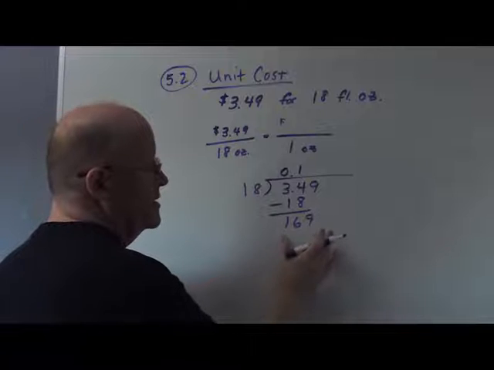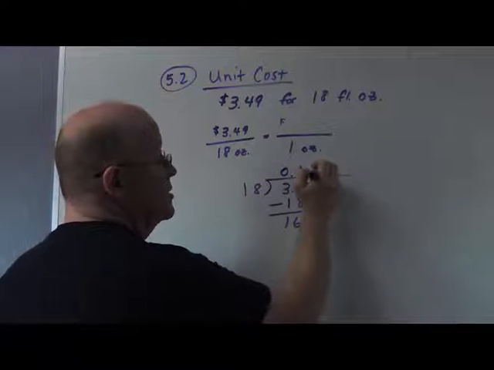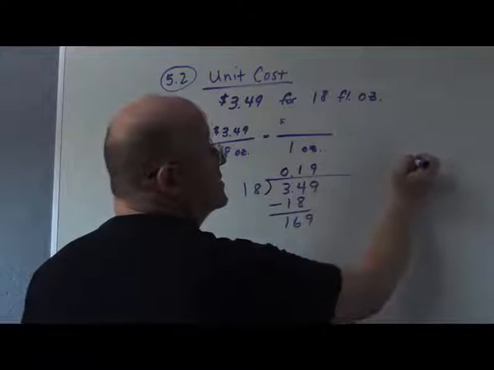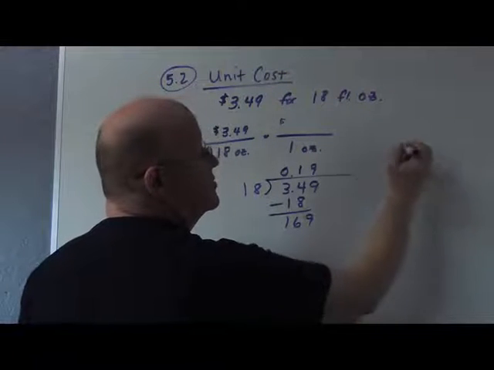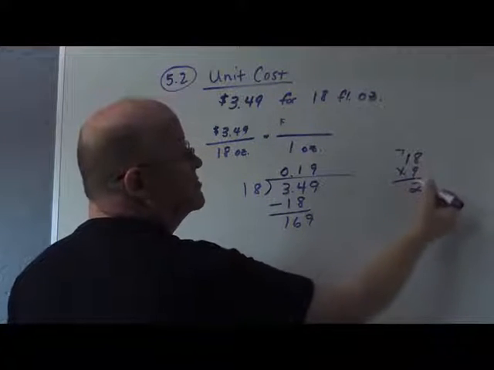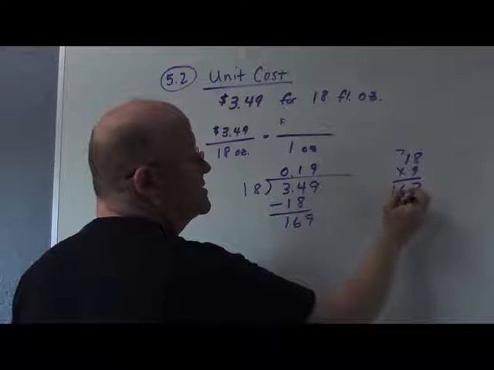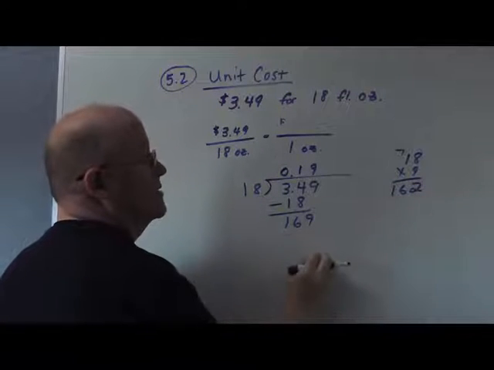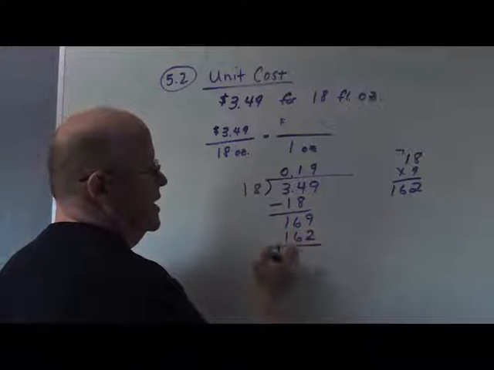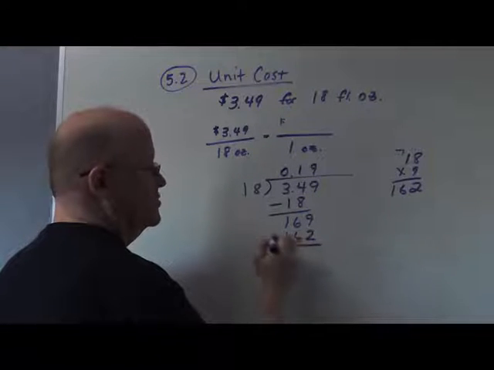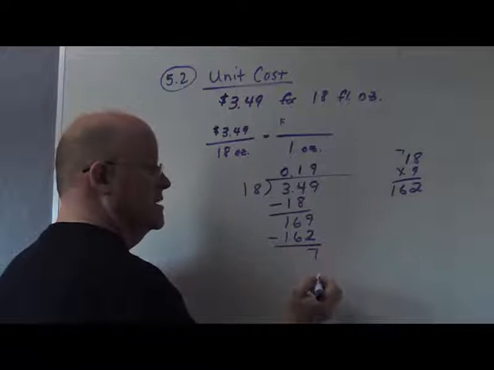I then am going to guess that that goes in about 9 times. Go over to my scratch paper, 18 times 9, I'm going to get 72, carry the 7. 9 times 1 is 9, plus the 7 is 16. So I was right on the money there. 9 times 18 is 162. And I'm going to subtract now and get 7.